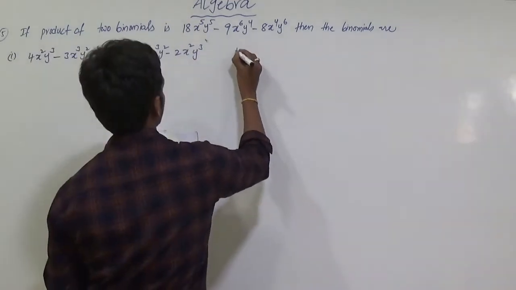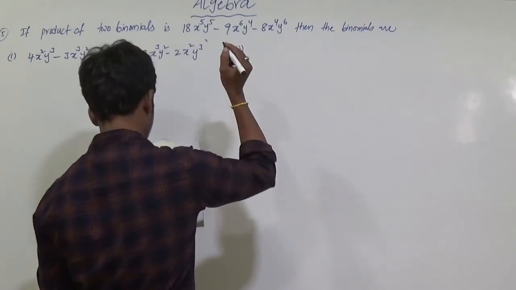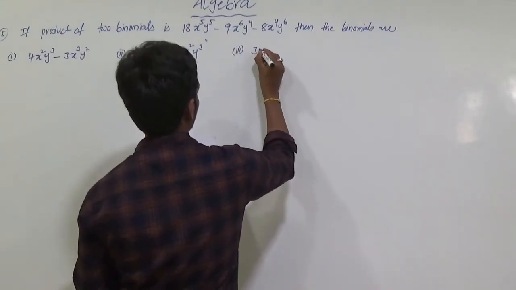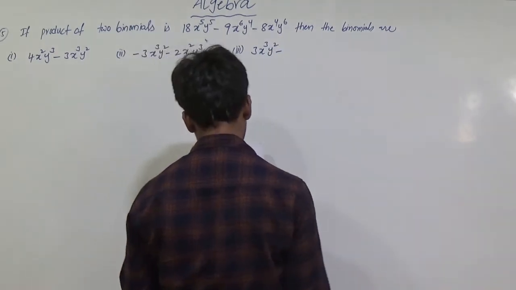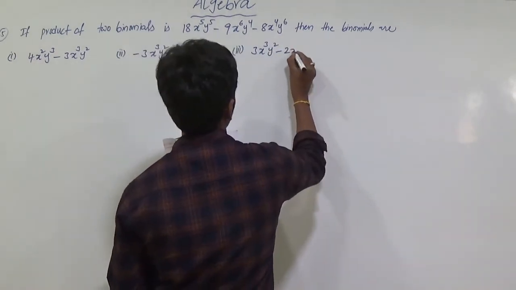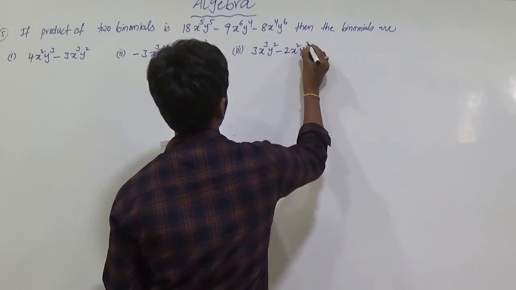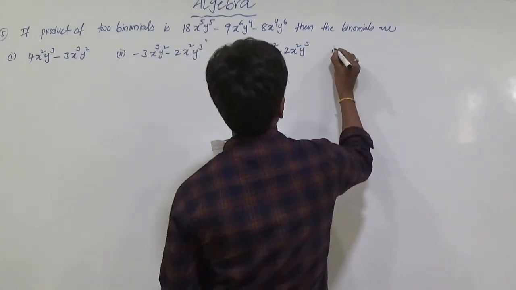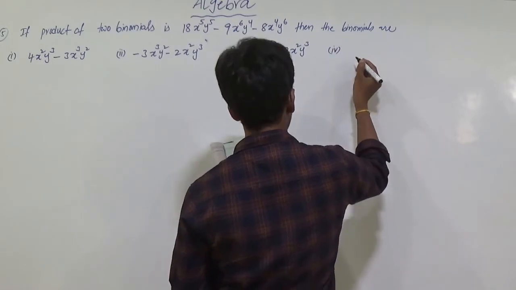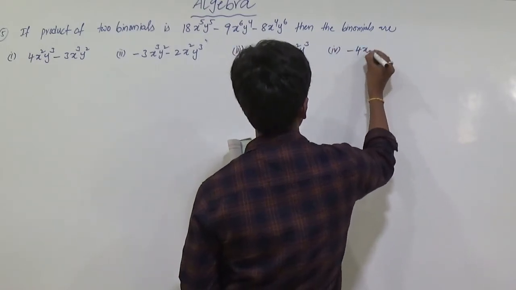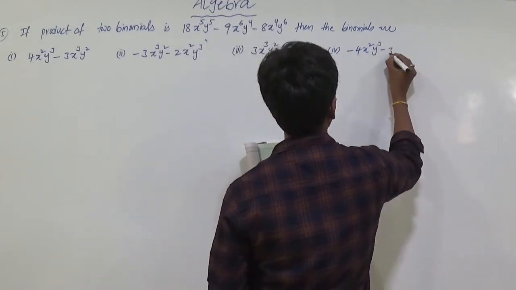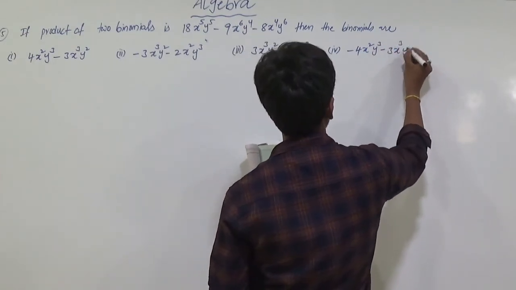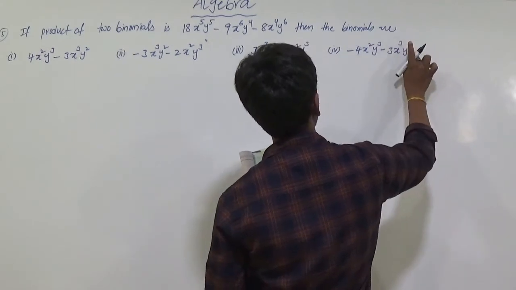And the third option is 3x³y² − 2x²y³. Now the fourth option is −4x²y³ − 3x³y². These are the four options.